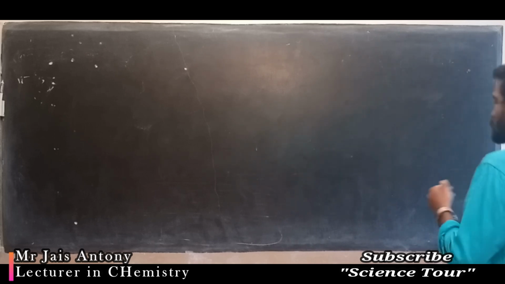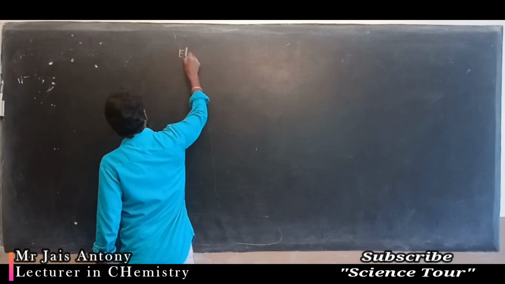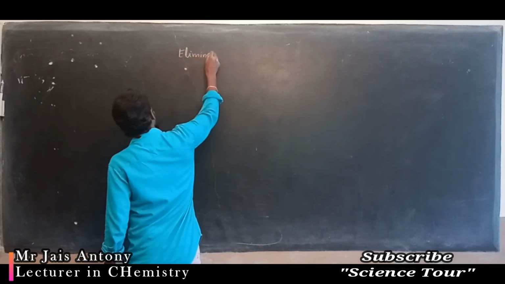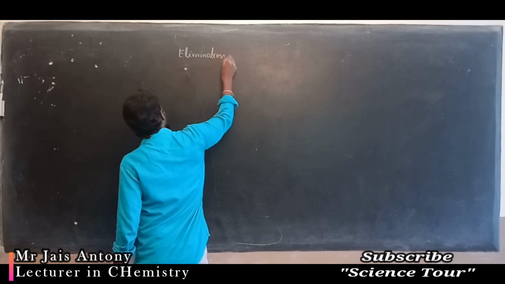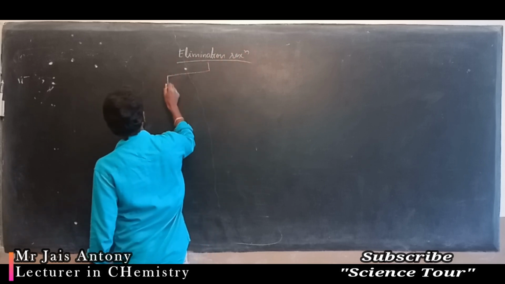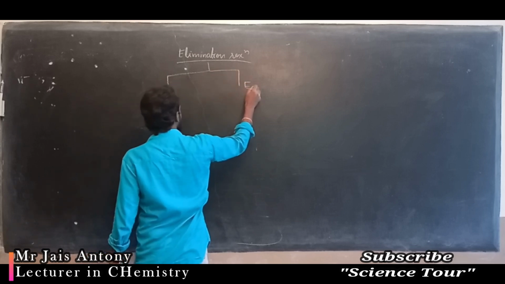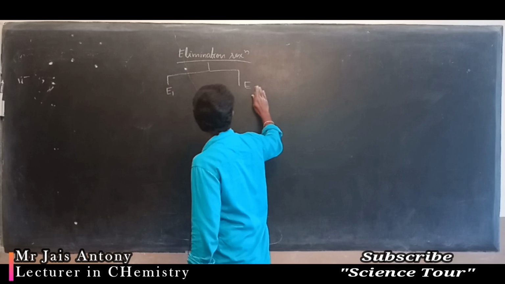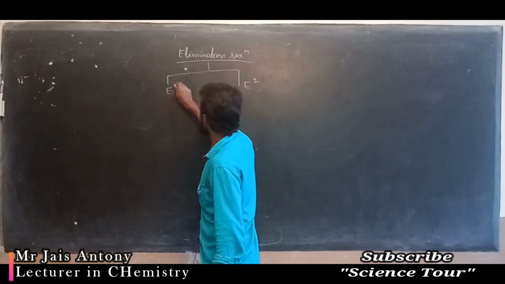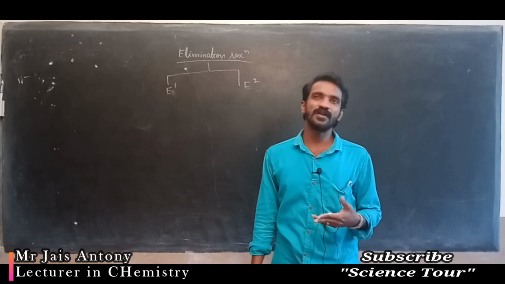Okay, dear students, next we are going to discuss elimination reactions. In elimination reactions, a very important thing is that two types of elimination are possible: E1 elimination and E2 elimination. It's the same as SN1 and SN2 reactions, but a small difference is there.